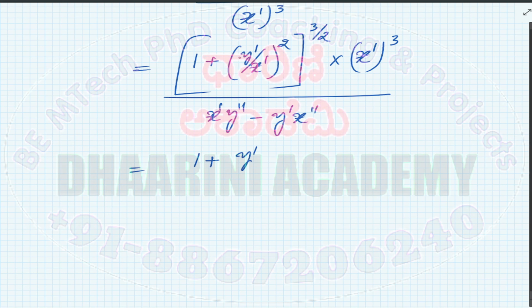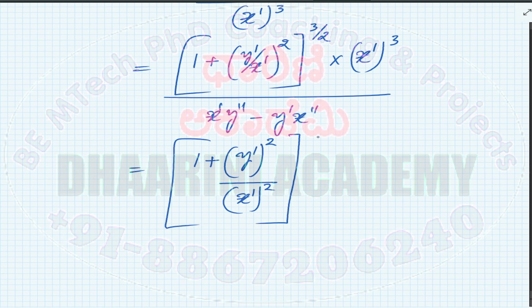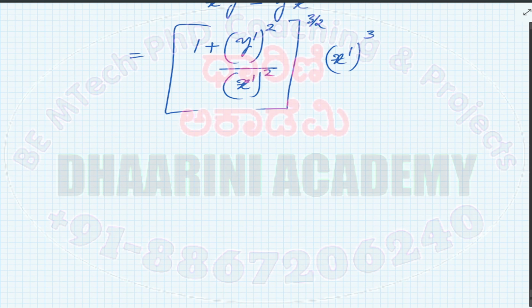So this is y dash square by x dash square inside the bracket whole power 3 by 2. Rest of the terms remain same as of now, because we still have not simplified this. Whole divided by, the denominator still looks like x dash y double dash minus y dash into x double dash.